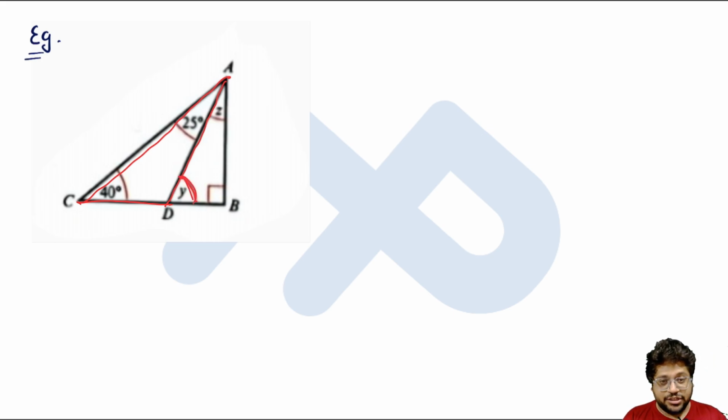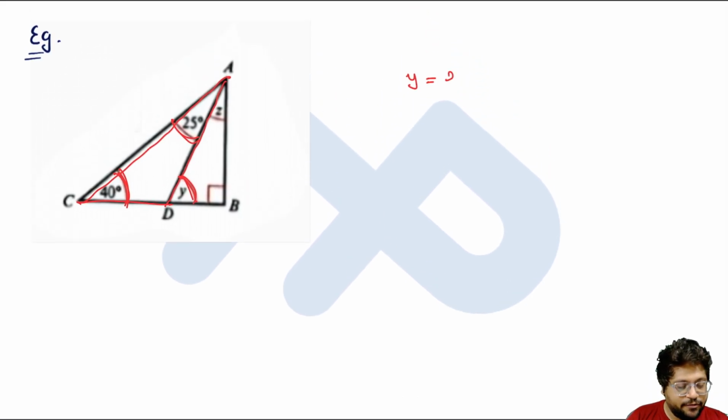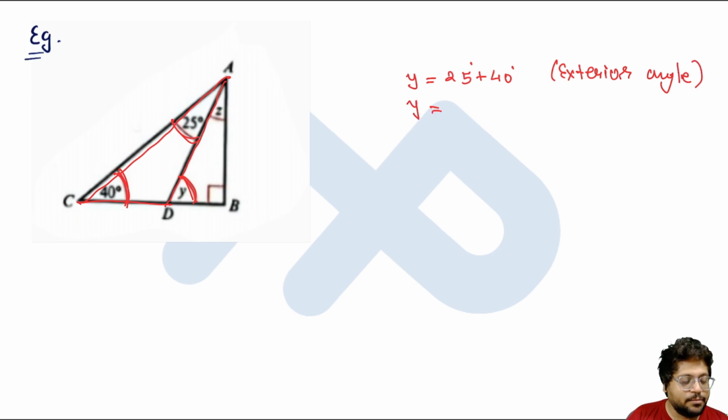And according to the exterior angle property, the exterior angle is equal to the sum of these two opposite interior angles. So Y can be written as 25 plus 40, and the reason is exterior angle property. So Y is simply the sum of 25 and 40, which is 65.